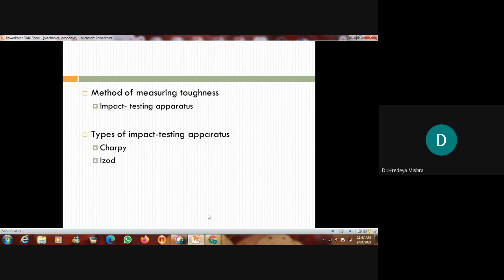There are two types of impact testing, Charpy and Izod. There are two tests, so one by one we go through them.